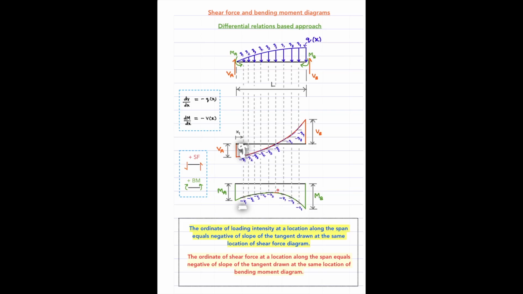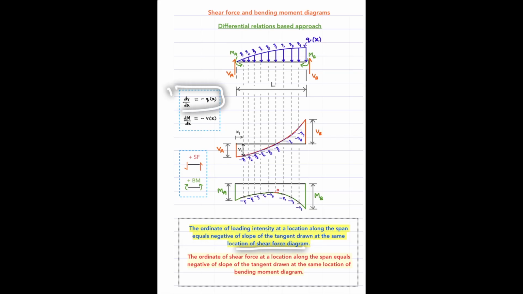At the same location, we need to go to the shear force diagram and see what is the ordinate. We should attach a negative sign to it, and that will be equal to the slope of the tangent at this location. That's what this expression says here. All right, so that's all. Overall, what we can say here is the ordinate of load intensity at a location equals negative of the slope of tangent drawn at the same location of the shear force diagram.